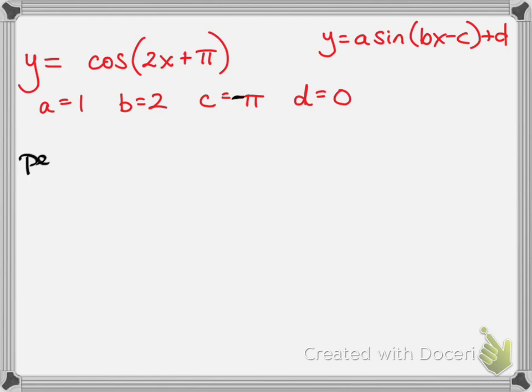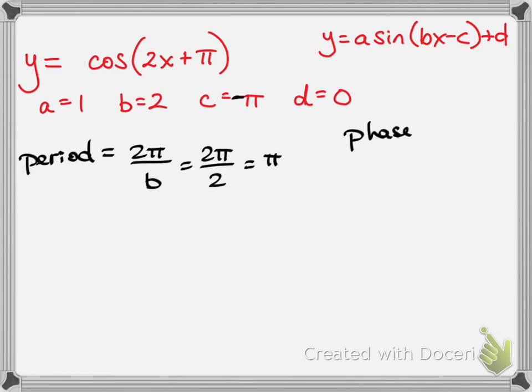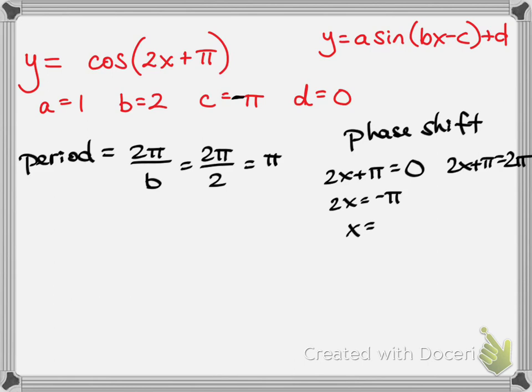So the first thing we want to do is figure out how much the period was affected. It's 2 pi over b, so it's 2 pi over 2. So the period is just pi. And then we want to figure out the phase shift. So 2x plus pi is equal to our old left endpoint, 0, and 2x plus pi is equal to our old right endpoint, 2 pi. Then we subtract pi and divide by 2.